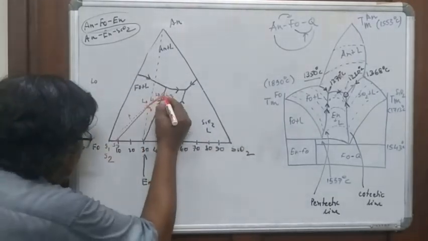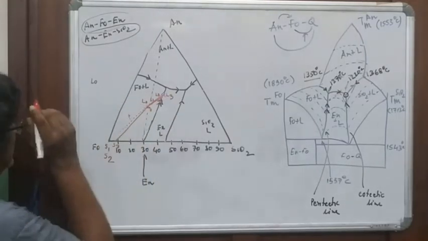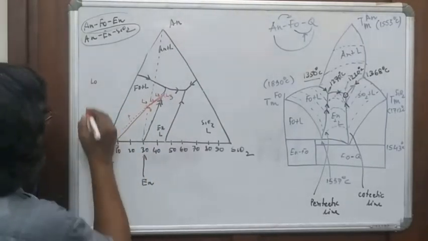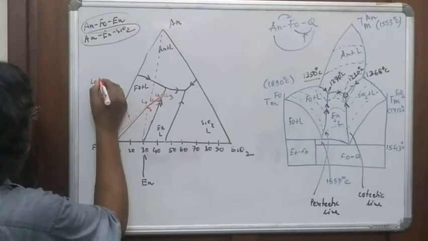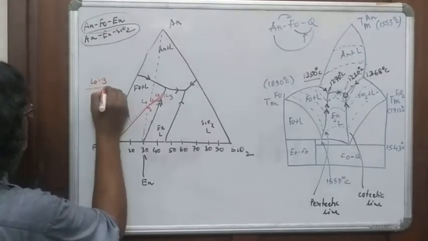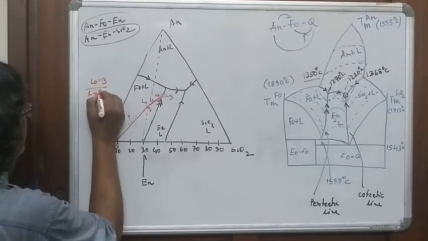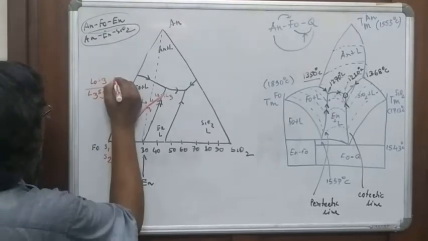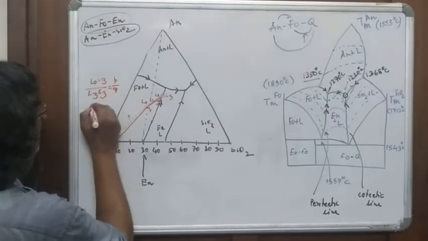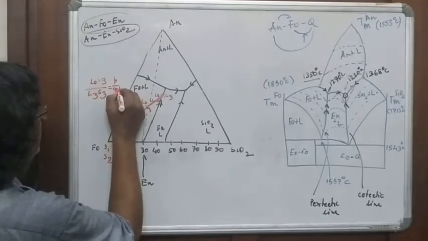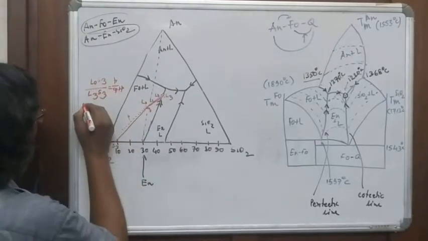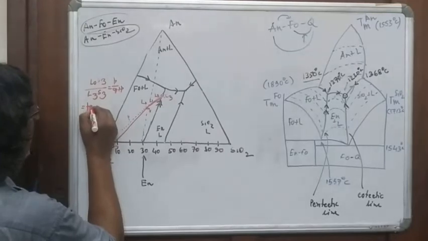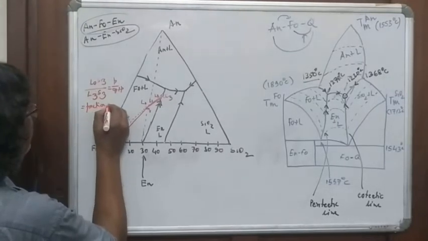So if you take L3, or for example, I will just write it, it is better: L0S3 divided by L3S3 is equal to P by P plus Q, and this will be equal to the fraction of melt.